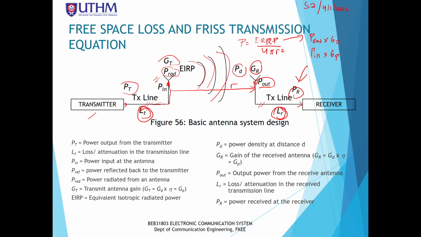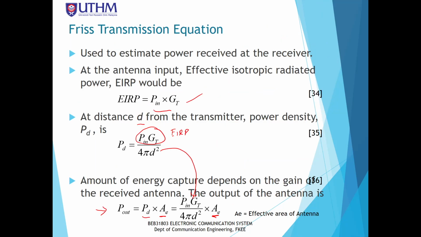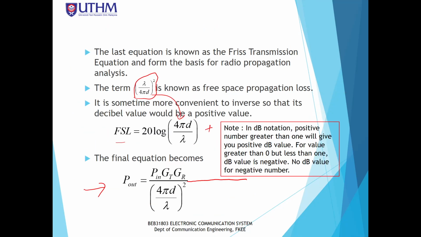LT is the loss in the transmission line, and LR is the loss in the receiver transmission line. We can put them here, LT multiplied with LR. In absolute values, we divide by the free space loss, divide by LT, and divide by LR, if we have other losses.